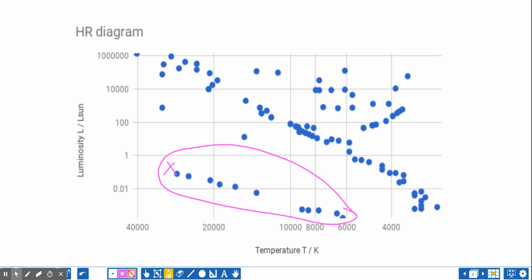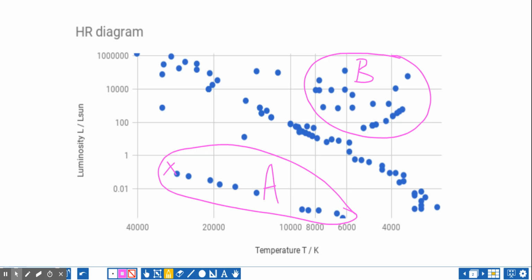Okay, let's go to the other extreme. I'm going to call this region A, so you can have a guess at what these stars are going to be in a moment. And then if we move on to this region here, so I'm going to call this region B, what we've got now are relatively quite cool stars, but their luminosity is very, very bright.